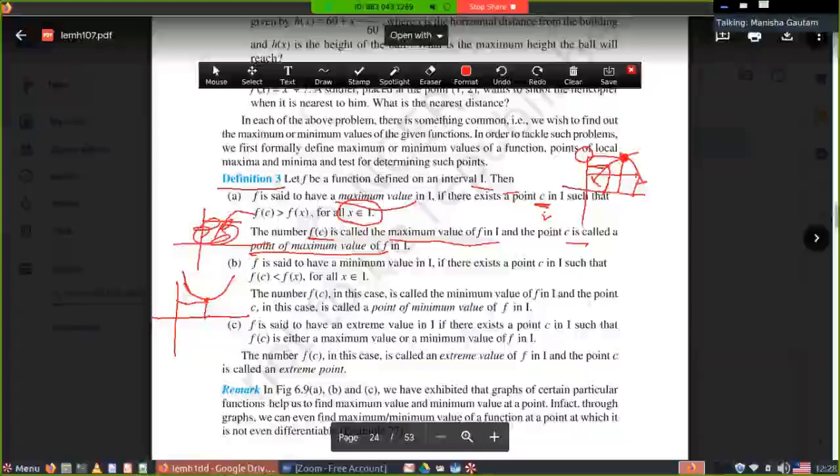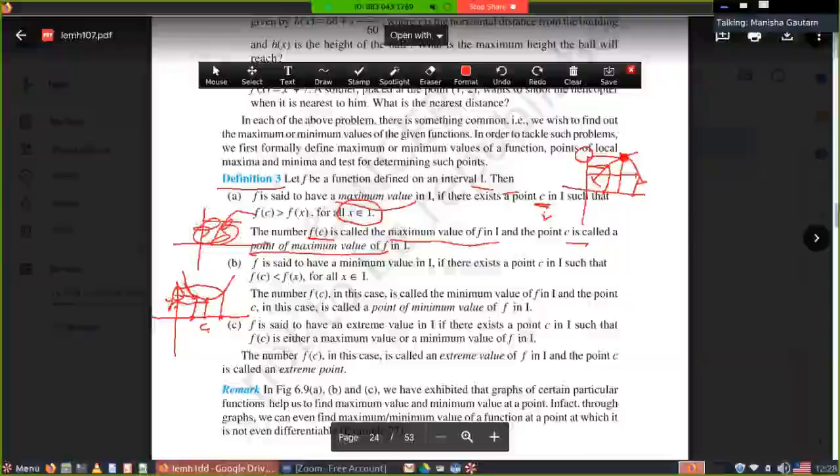Suppose I have written here y at this point C. If I take a point here and get the value of y, it will be more than y. The value of y is always greater than this given y, it means C is showing the minimum value, that is y.